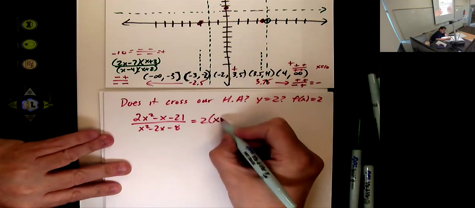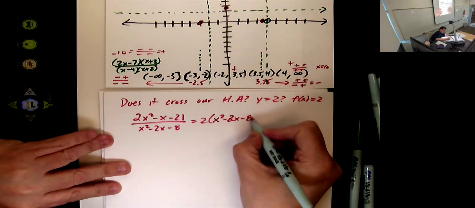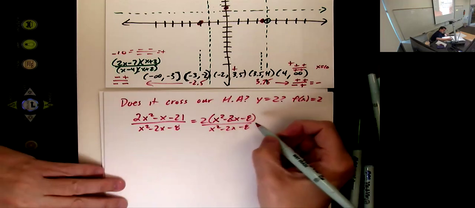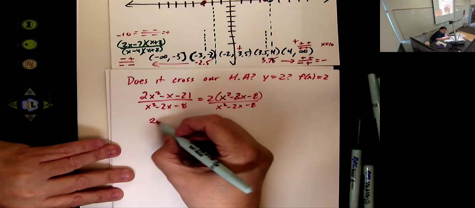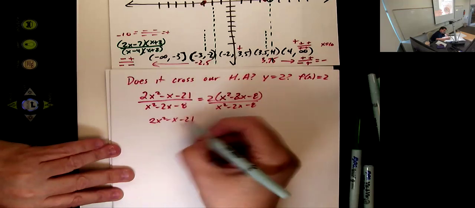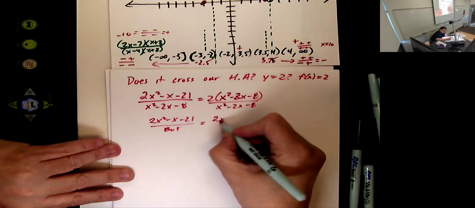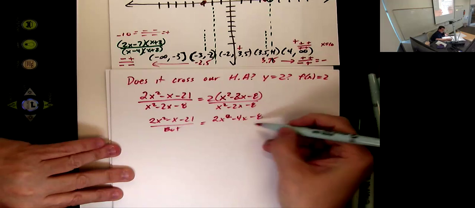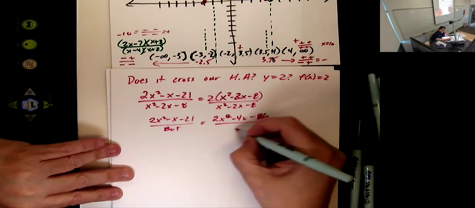So if I get a common denominator, I have 2x² minus x minus 21 over the bottom equals 2x² minus 4x minus 8 over 16, minus 16, I should say, over the bottom.